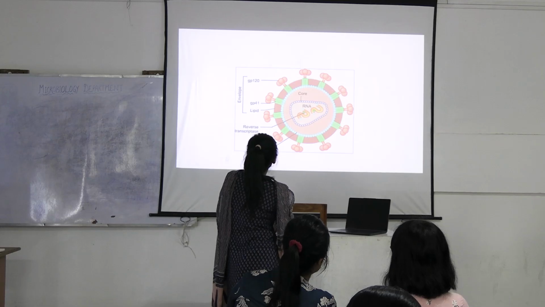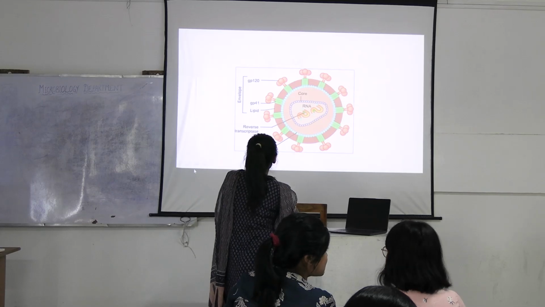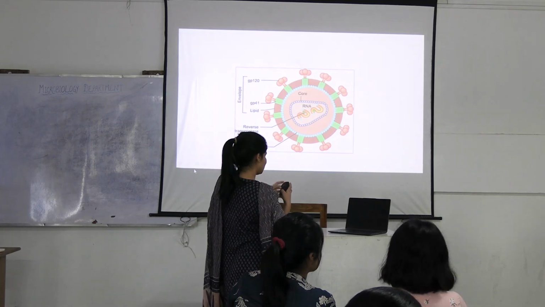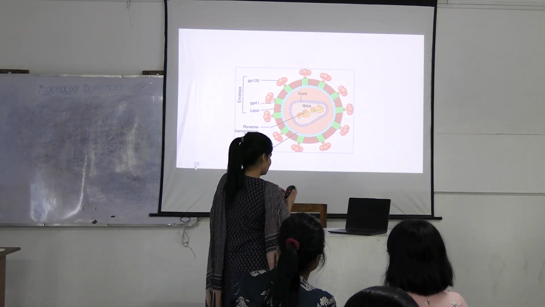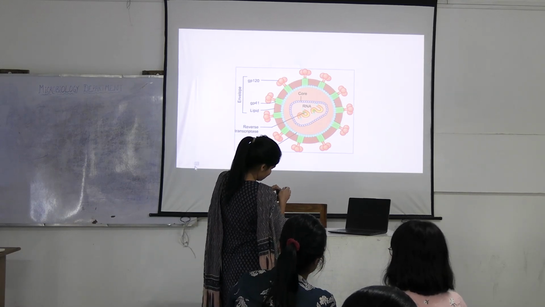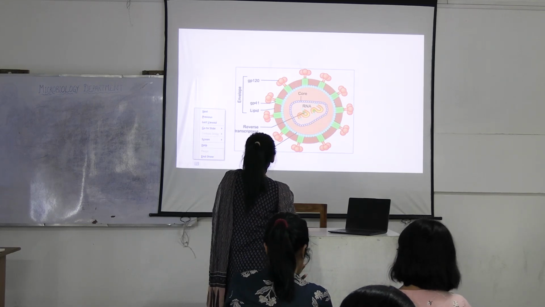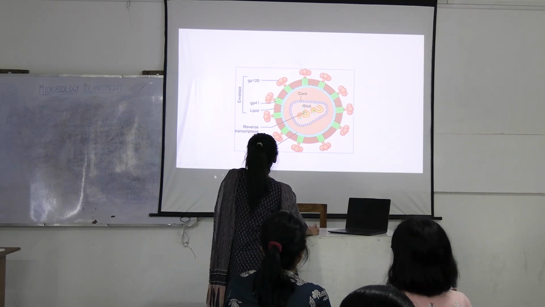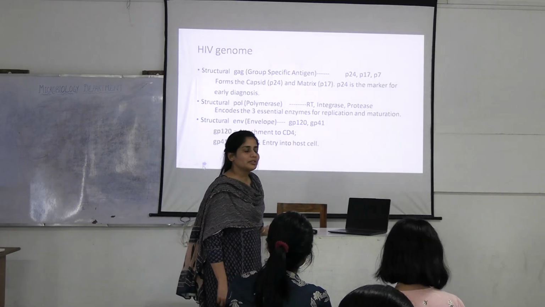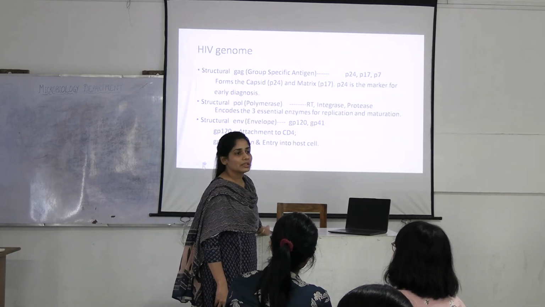How many genes are there? There are 3 structural genes present: GAG, POL and ENV.